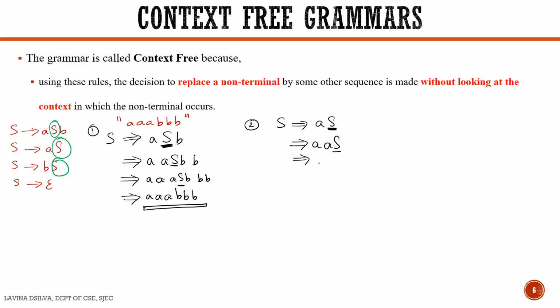Again, I'm going to just replace: AAS. Now this S can be replaced by the third rule, AABS. Now this S I'll replace by the third rule again. So I get AABBS. Again I replace this S with the third rule. And then finally I use the fourth rule in order to obtain the string AAABBB.